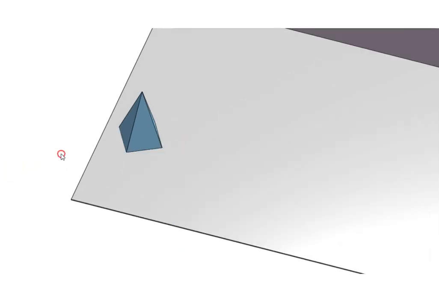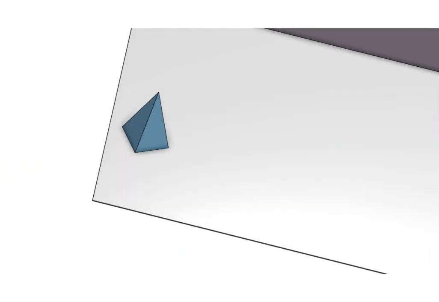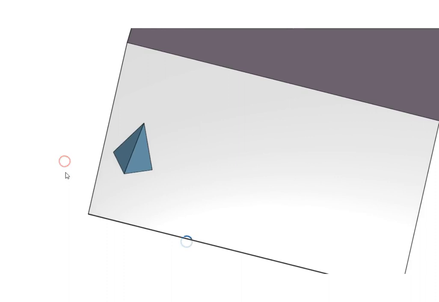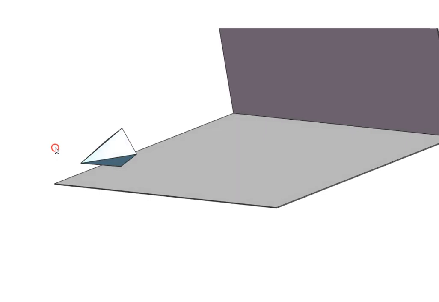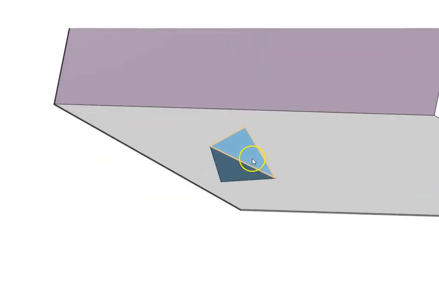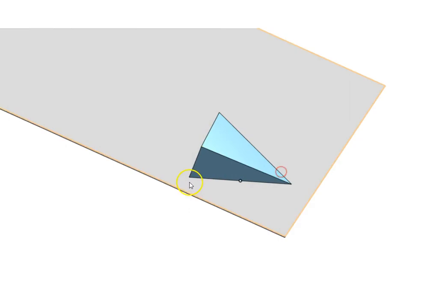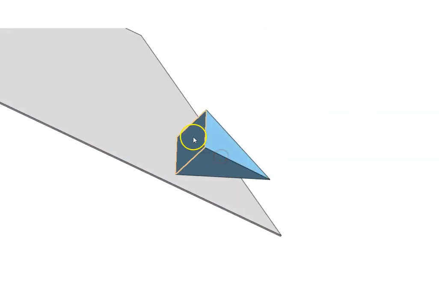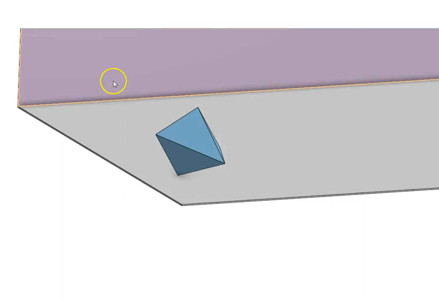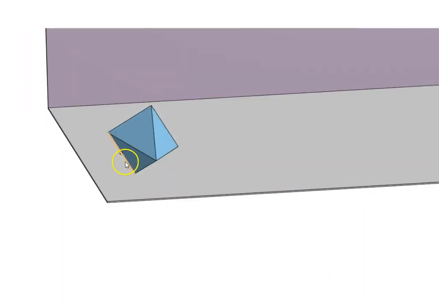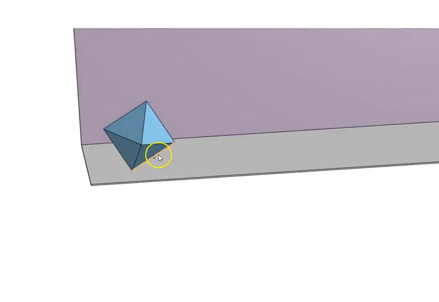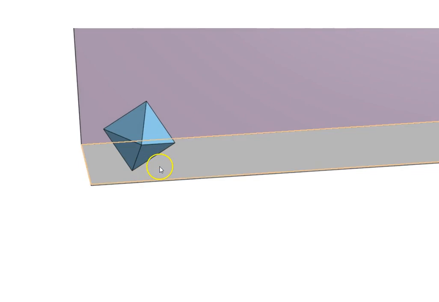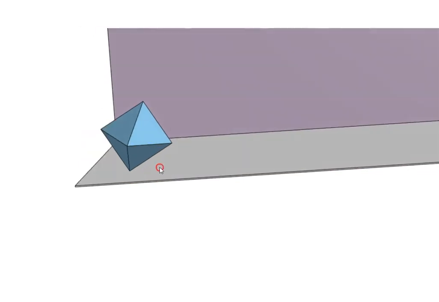So let's see the tilting. Yeah, this has been tilted now. The whole solid has been tilted with respect to this corner so that the base becomes parallel to VP, and this edge which has been tilted at an angle of 30 degrees is now also tilted with respect to the HP.